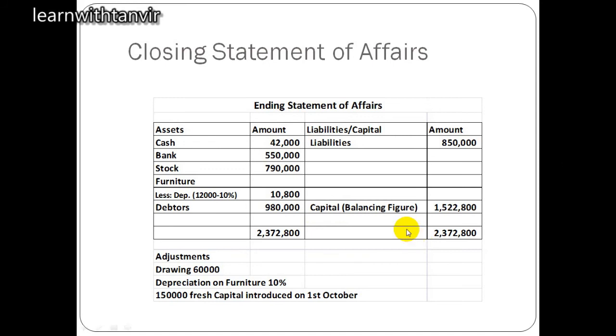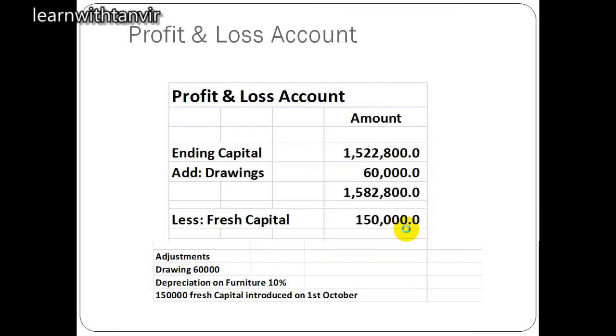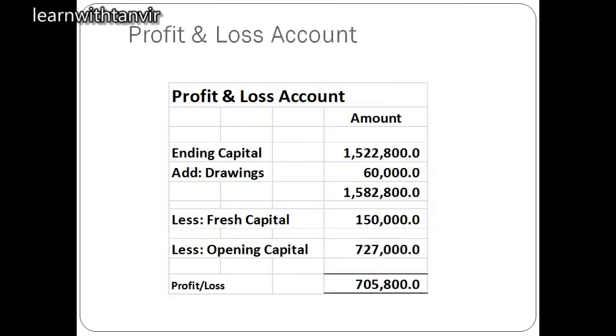In the next slide you can see the profit and loss account, the actual statement that every authority, tax authority and banks require. You can see that we started this statement from ending capital. This is the ending capital figure.